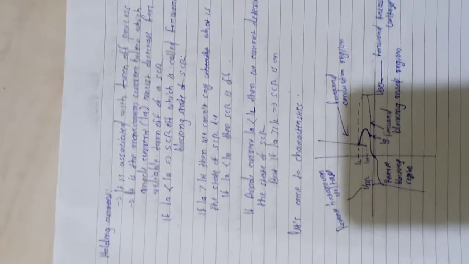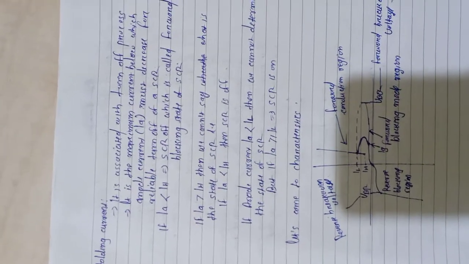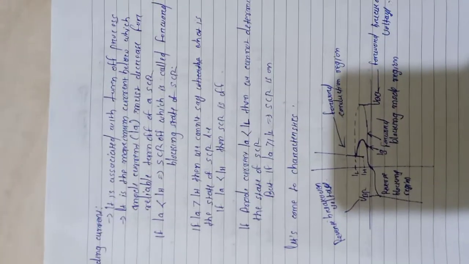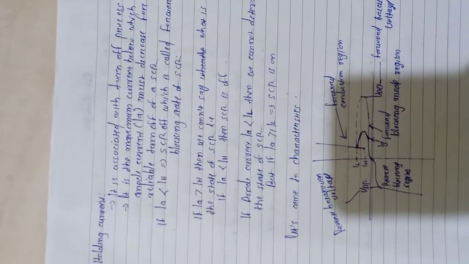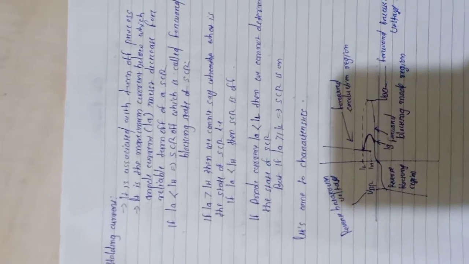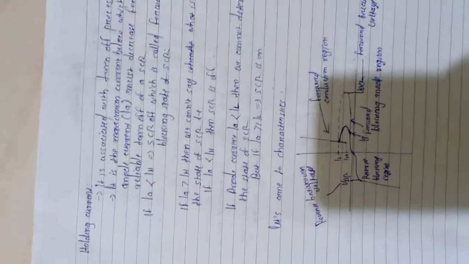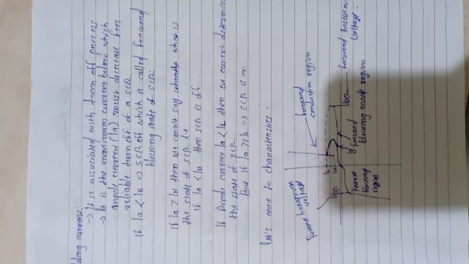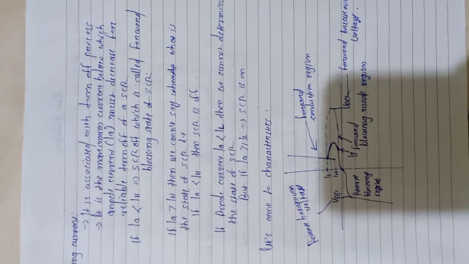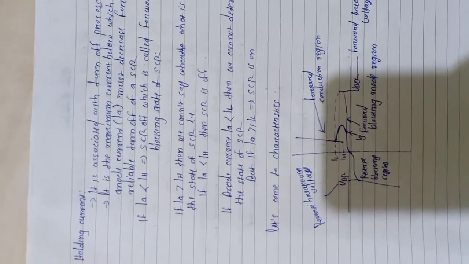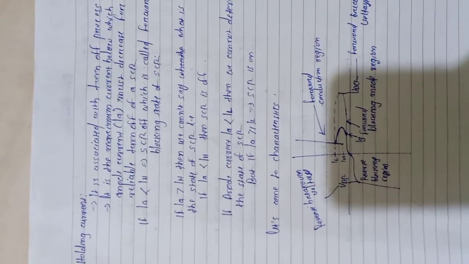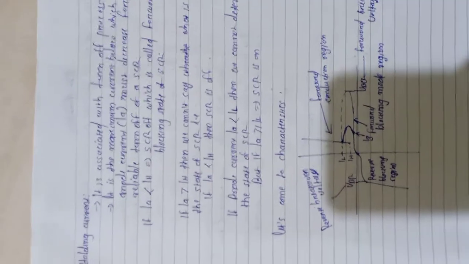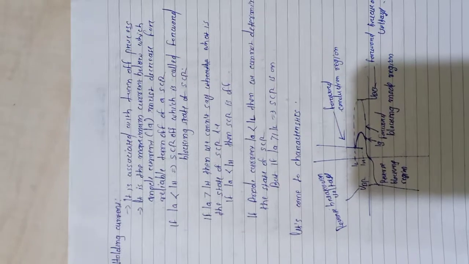So the anode current starts decreasing, and it has to decrease to a minimum current level below which the SCR will be turned off. That current is called holding current. So below holding current, the SCR will be turned off successfully. So that is written there.